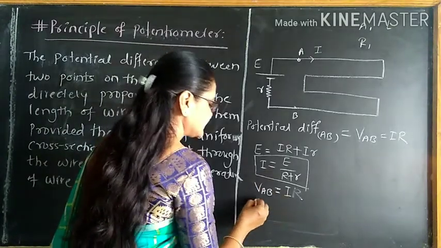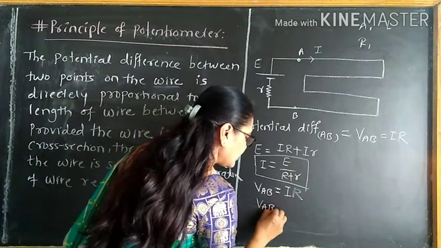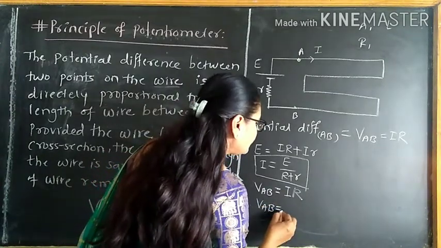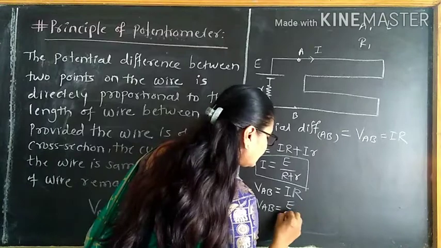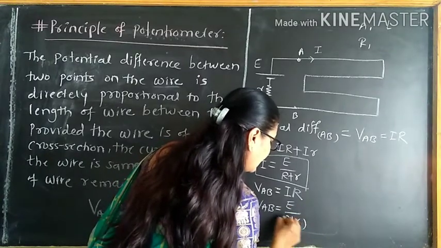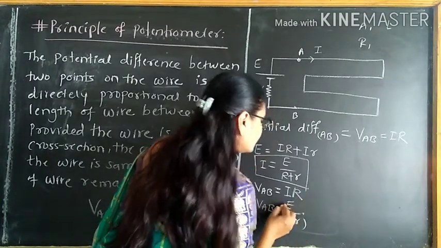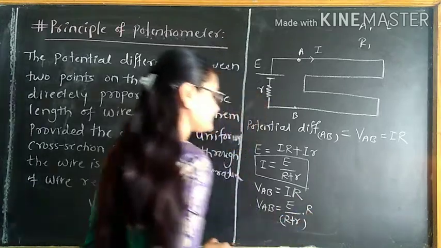Then the potential difference is written as VAB is equal to E upon R plus r into R as it is.